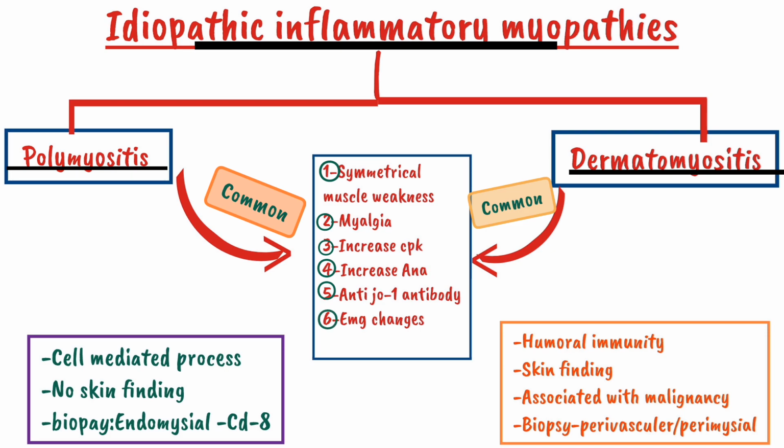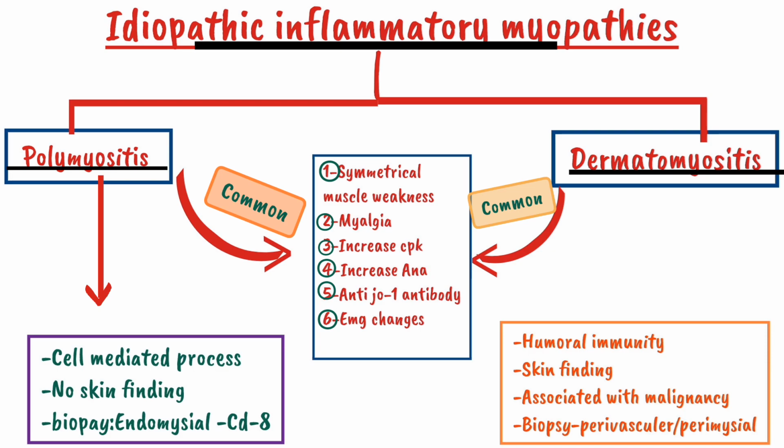Apart from that, polymyositis and dermatomyositis have certain distinct features. Polymyositis is usually a cell-mediated process. There are no skin findings in polymyositis, and on biopsy there will be endomysial inflammation predominantly involving CD8 positive T cells.